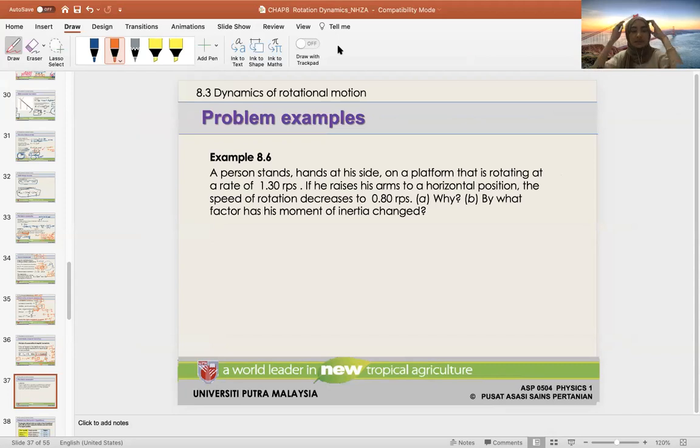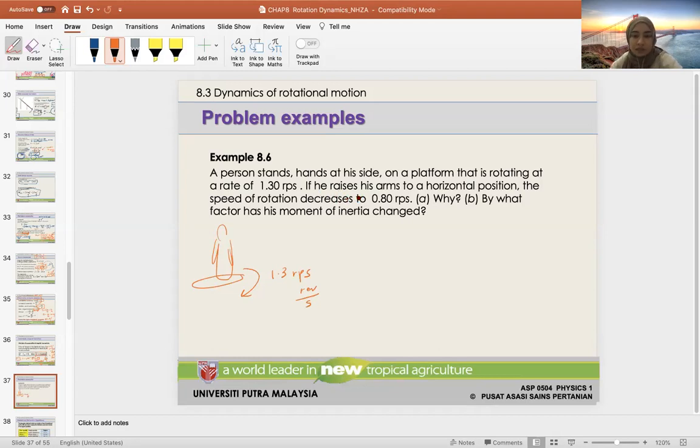Okay, chapter 8. Okay, so let's do this example. A person stands, hands at his side. So he assume a cylinder. This is the guy on a platform that is rotating at a rate. So he's on a platform. This platform is rotating at 1.3 RPS. What does RPS mean? Revolution per second.